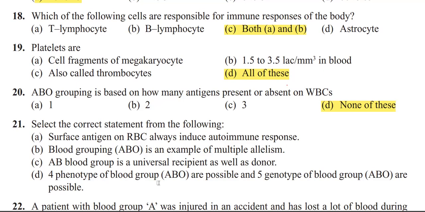Four phenotypes of blood groups ABO are possible and five genotypes of blood groups of ABO are possible. So which of the following is the correct one? So we can say that here blood grouping ABO is an example of multiple allelism.